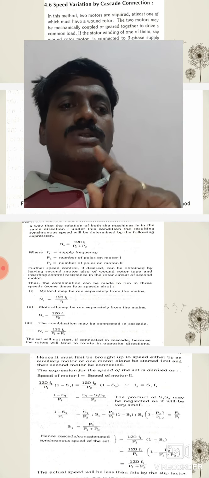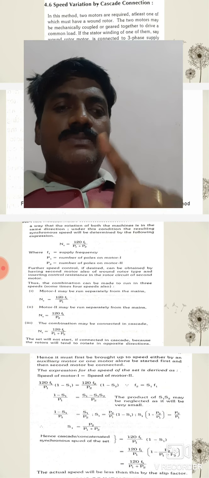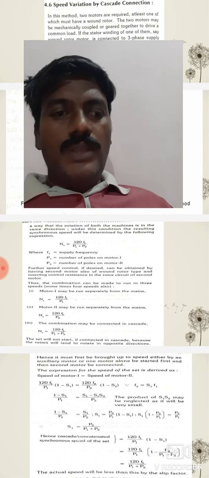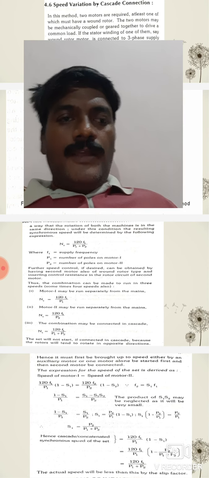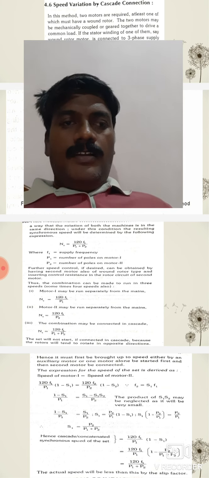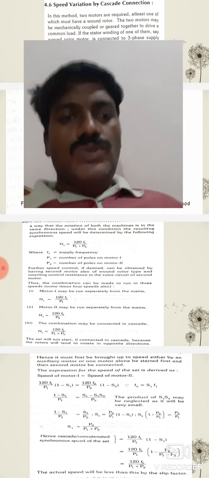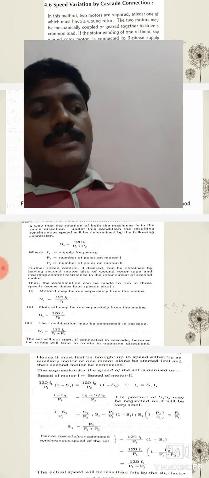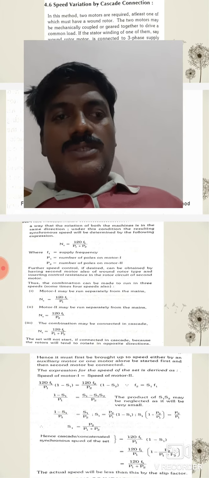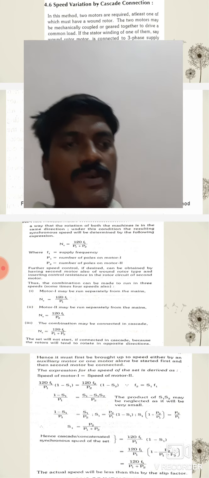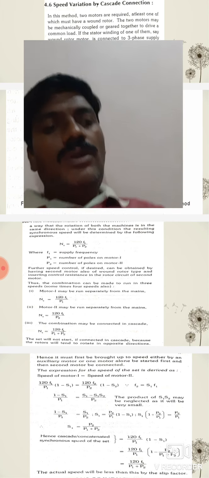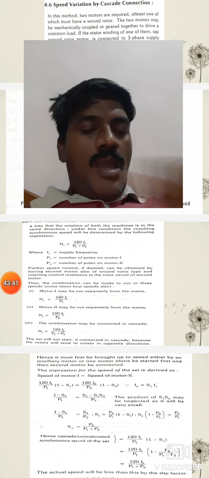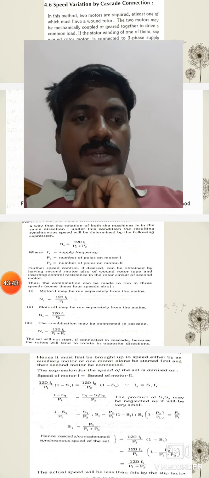The number of poles of the first motor must be different from the second. Never P1 equal to P2, right? That is another important point. So by cascading of the two motors, we can get two speeds: one is 120 into f1 by p1 plus p2, or 120 into f1 by p1 minus p2. Two speeds can be obtained by using this cascade method.